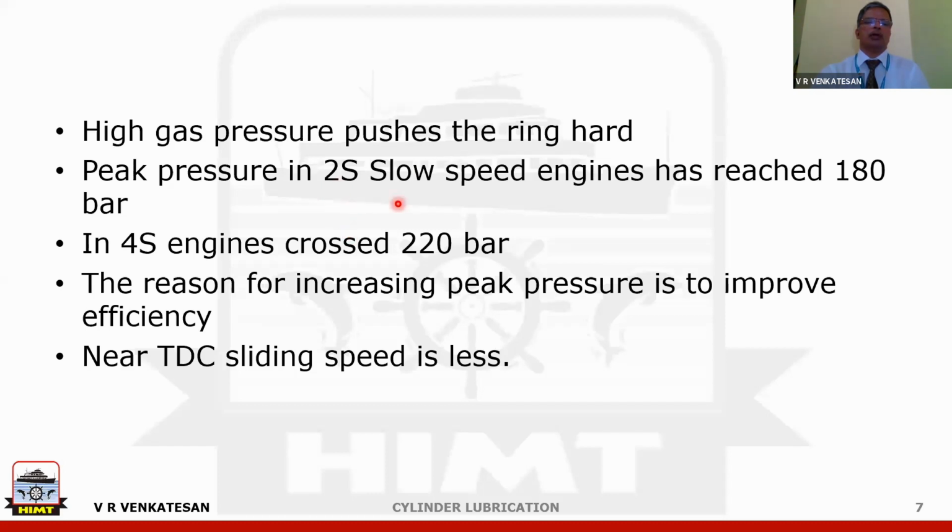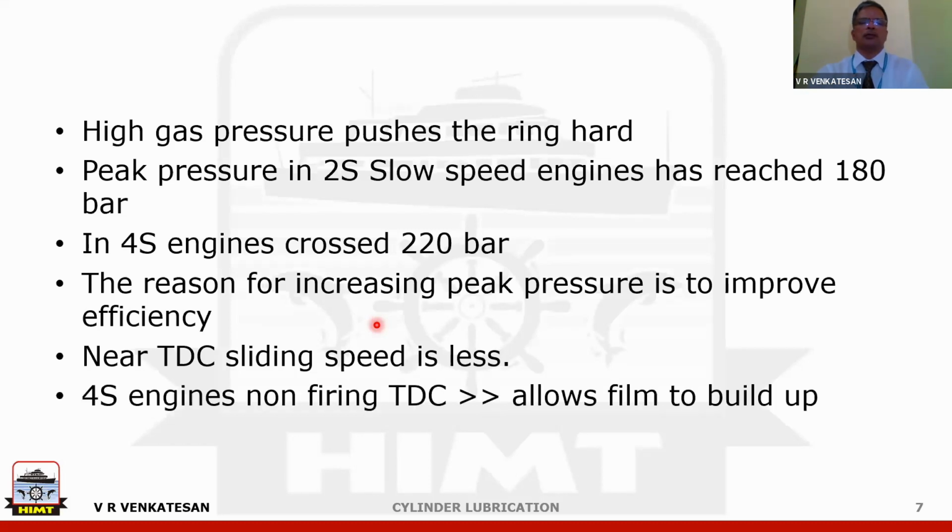So this bearing modulus number is going to be practically 0. And you have very thin films of oil separating the two metals. That is why everyone knows the wear rate is much higher in the liner near the TDC part.